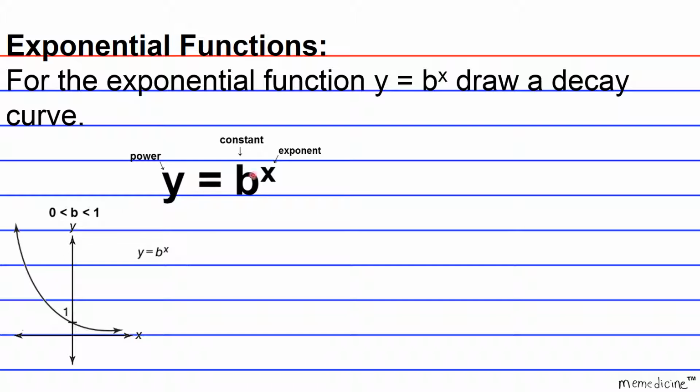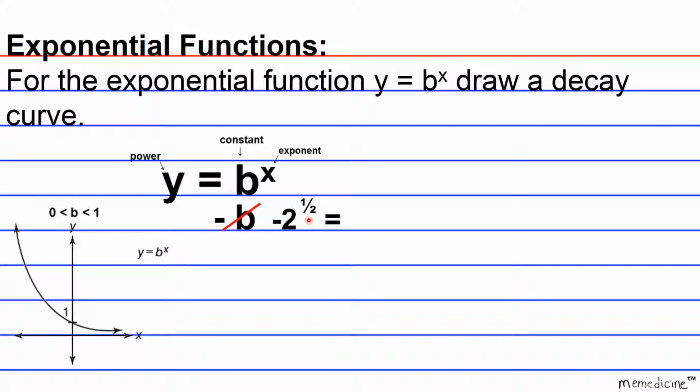We're only concerned about positive b, so although the constant in this decay scenario is falling between 0 and 1, it's always going to be positive, or we're only selecting positive values. Let's say that we allowed b to be negative, which is what we don't want. Let's say we were to plug in a value of -2, and let's also say that the exponent is a fractional value of 1/2.